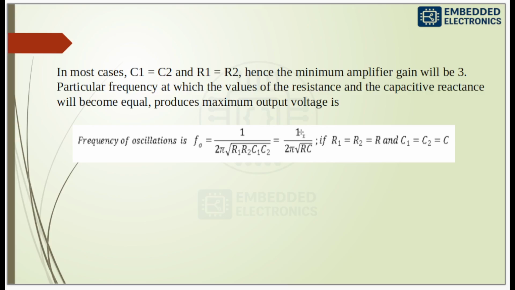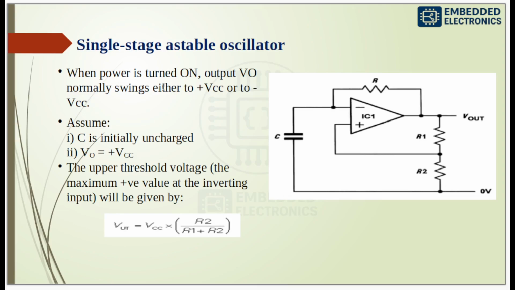So the minimum amplifier gain will be 3. The particular frequency at which the value of resistance and capacitive reactance become equal produces maximum output voltage, that is this one. And next is the single op-amp astable oscillator.